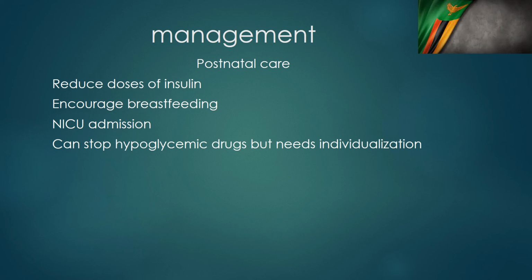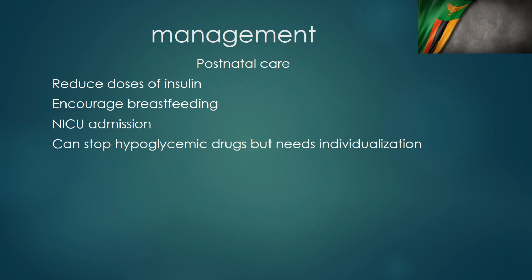The need for hypoglycemic drugs reduces, and also we need to know that there's a risk of hypoglycemia during breastfeeding. We will still need to continue monitoring the sugars as a woman is breastfeeding, and we will individualize at what point we stop these hypoglycemic drugs or insulin.